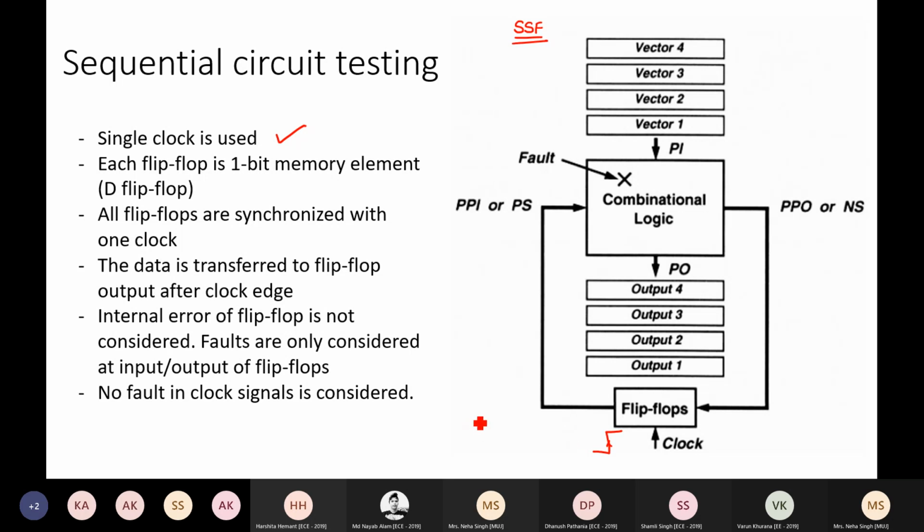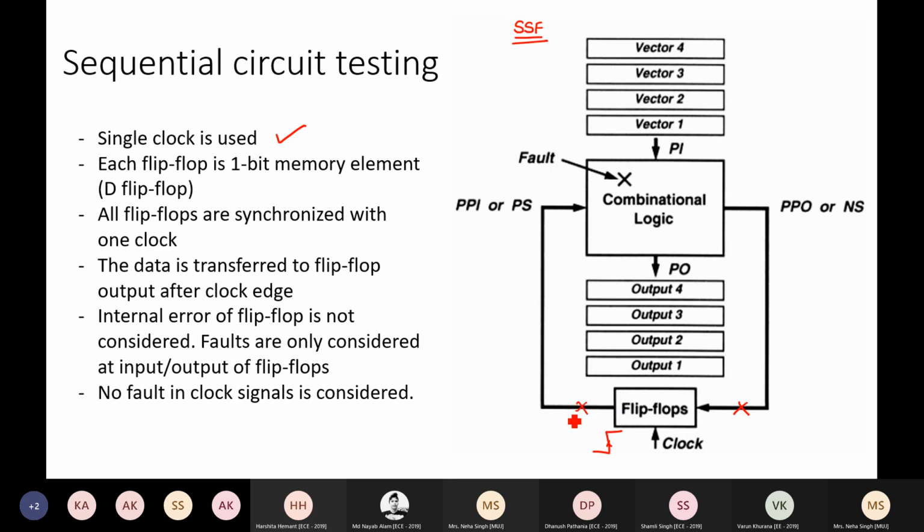Then the flip flop faults, no fault is considered inside the flip flop. If it is a D flip-flop, it should be made up of certain transistors, it should be made up of certain gates, but we are not considering any fault inside the flip-flop. We are only considering the stuck-at faults at the inputs of flip-flops and at the outputs of flip-flop.